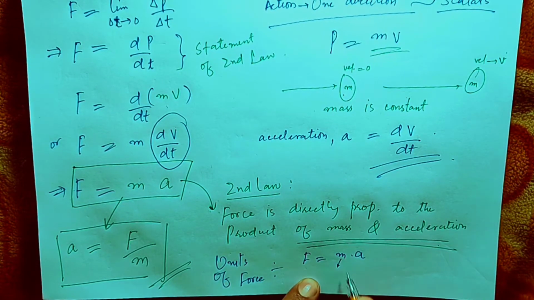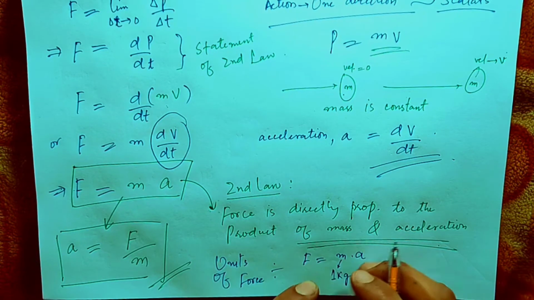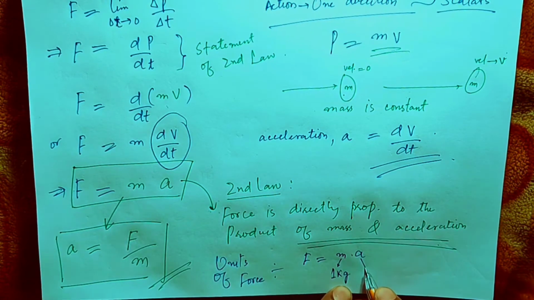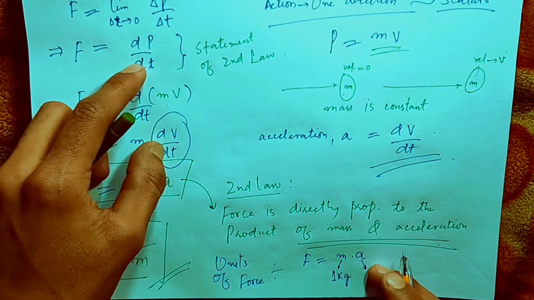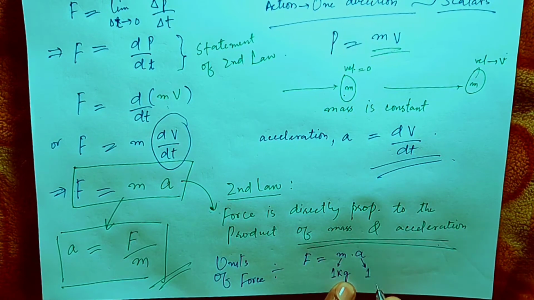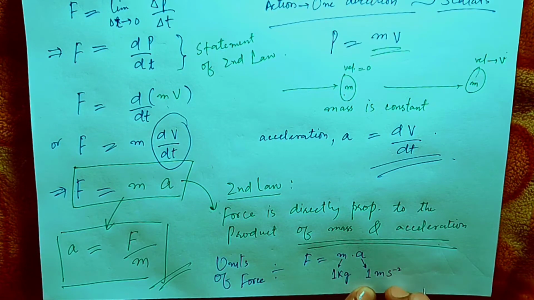Suppose that a 1 kg object is displaced, we apply force onto it, and it causes a change in momentum, which in turn causes acceleration inside the body. Suppose it causes an acceleration of 1 meter per second square, because the unit of acceleration is meter per second square. Keep that in mind.